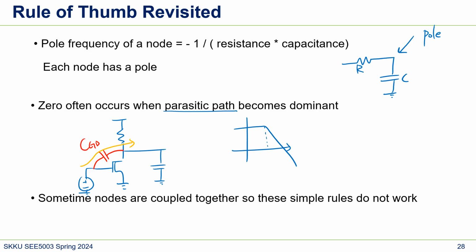But because of this parasitic path, the gain is no more decreasing, but just stays constant, and then this point is the zero. And some nodes are coupled together, so these simple rules do not work. It means that the claim that each node has a pole is not true sometimes.